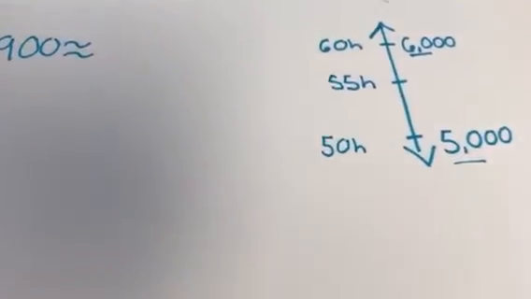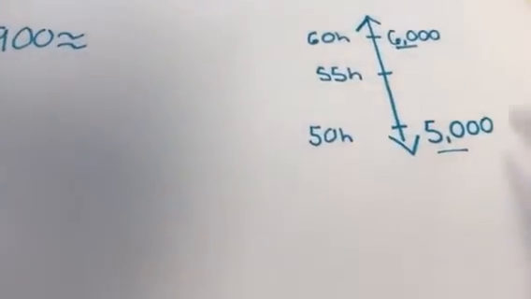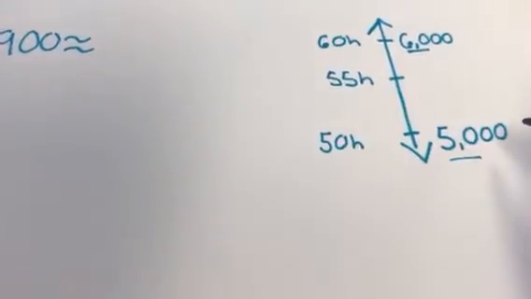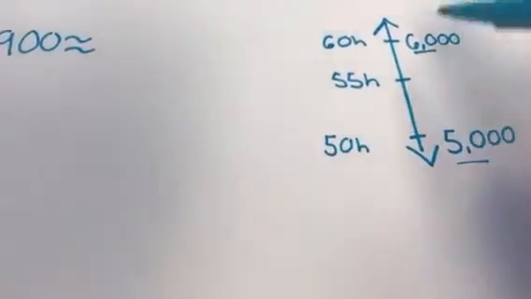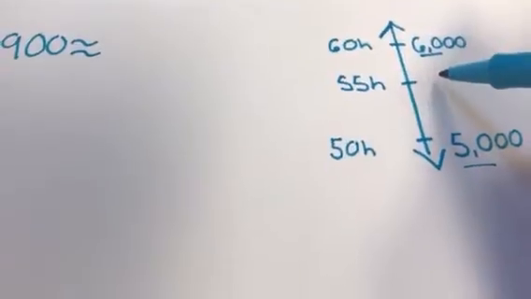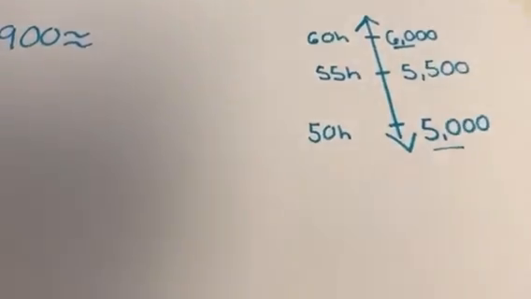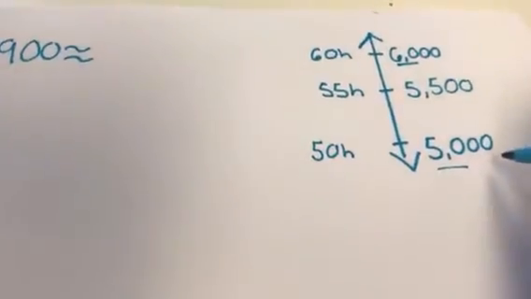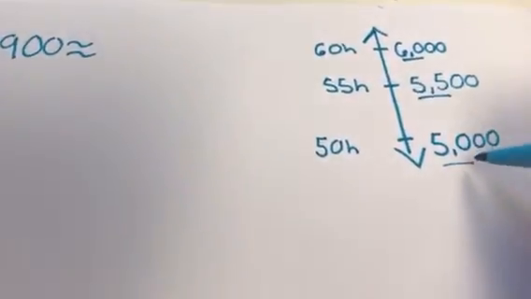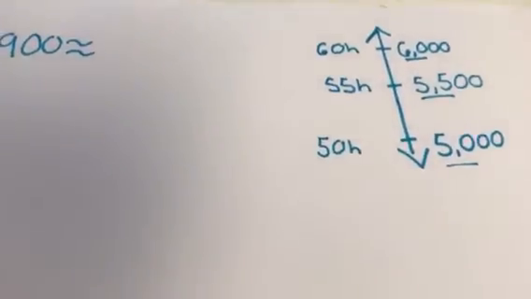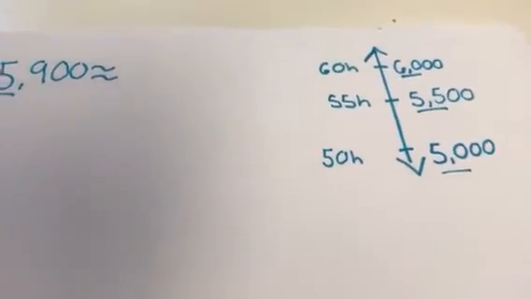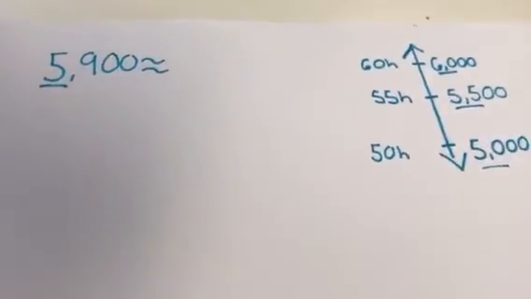Again, this step is really useful for those friends who may be struggling to figure out what's halfway between 5,000 and 6,000. So then I look at this 55 hundreds and I think about, how do I write that in standard form? And I write it just like that, which is the same as 5,500, which is what's halfway between 5,000 and 6,000. So now I have my number line set up in order to help me round 5,900.